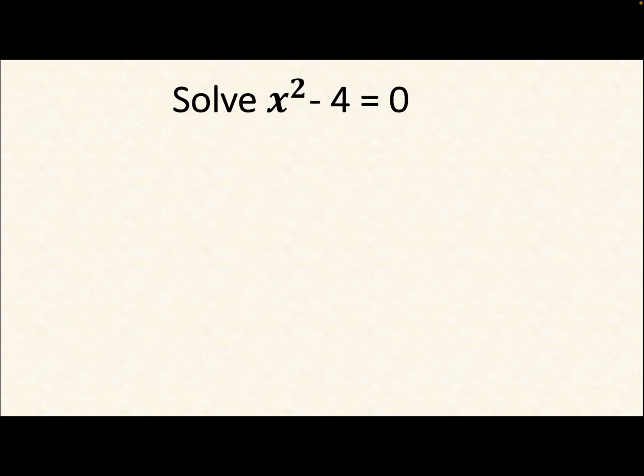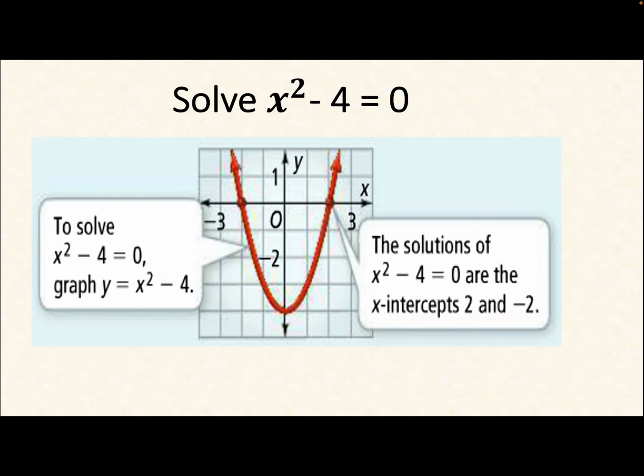So we have here, solve x squared minus 4 equals 0. We have there already. This is the graph, so meaning to say this part represents the solution of the given quadratic equation. So what is the x-intercept here? It is positive 2 and that is negative 2.